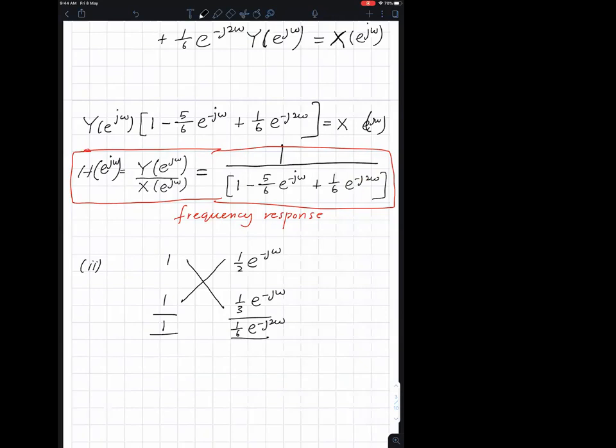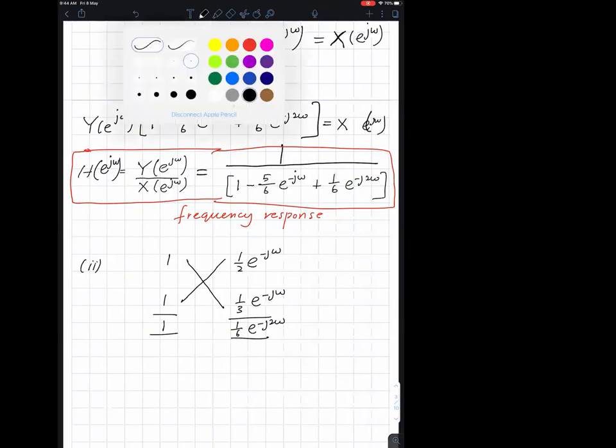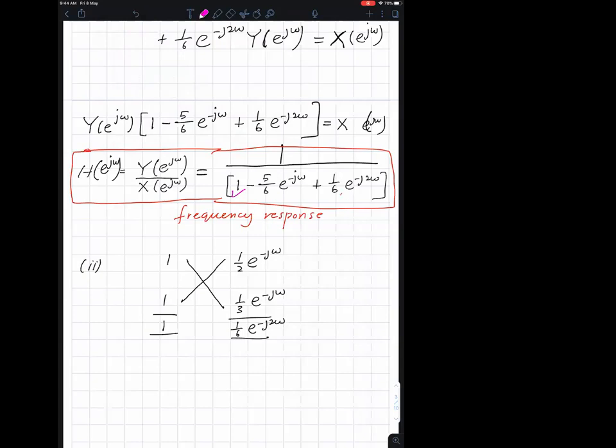Okay, this condition is met, and this one is already met. What about this? How do you check that? The way to check that is you have to multiply this way and add them up. 1 times 1/2, and 1 times 1/3.